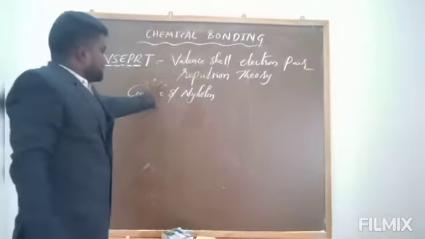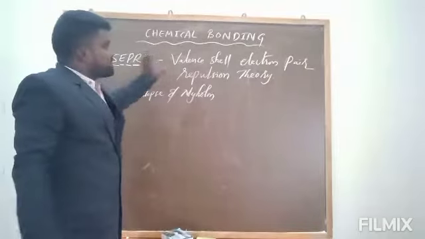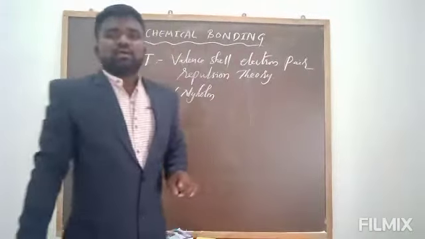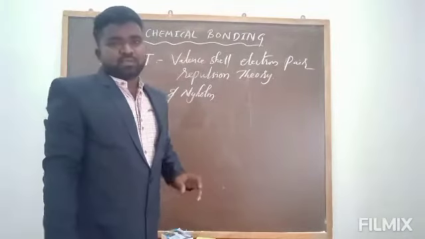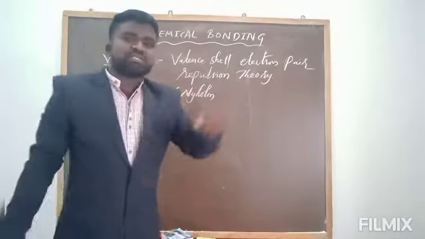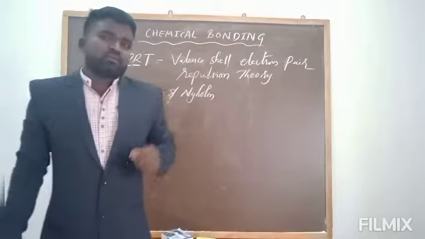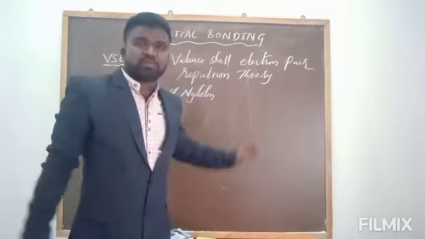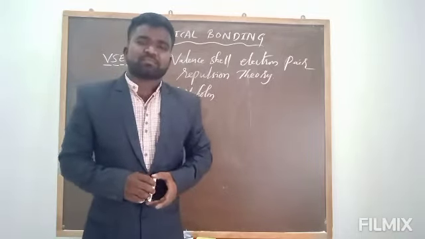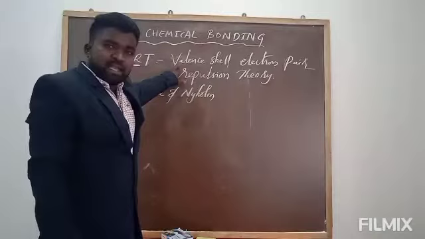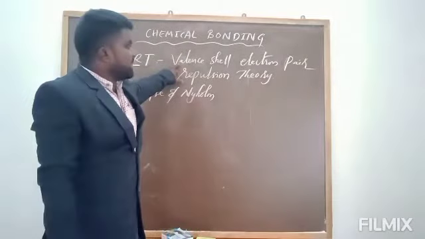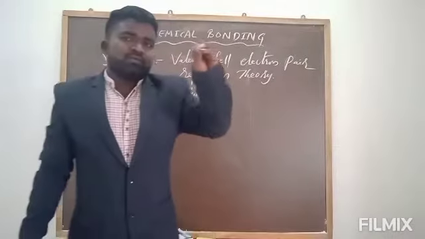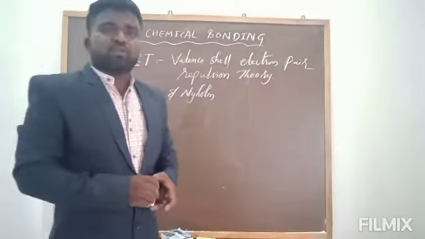So what is the VSEPR theory and what are the subtopics in that? Everything we will discuss now. Before going to discuss this, we should know some important postulates of the VSEPR theory. In the name itself, valence shell electron pair repulsion. Valence shell electron pair means lone pair.